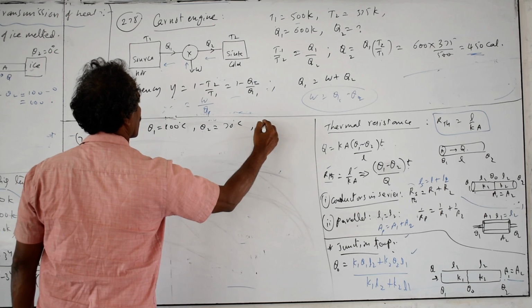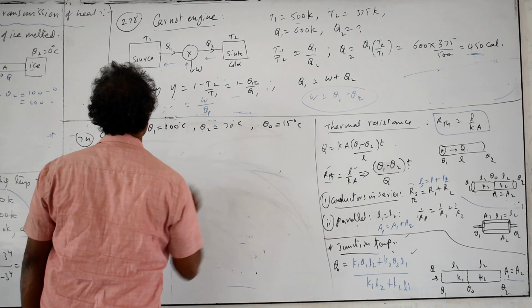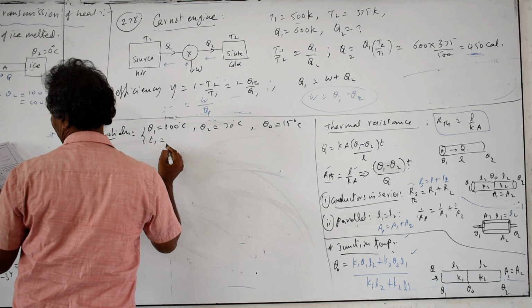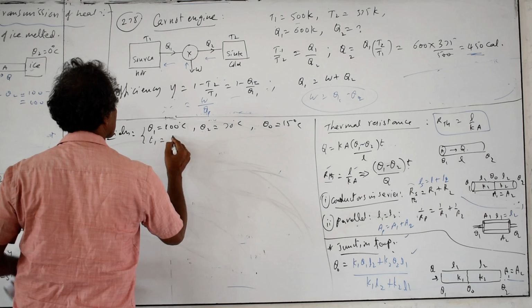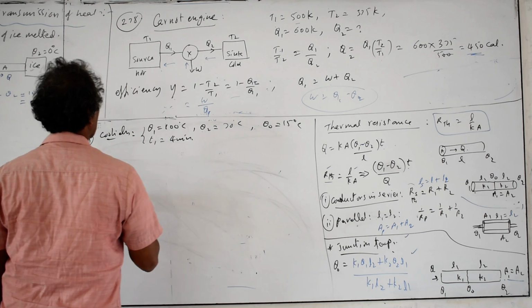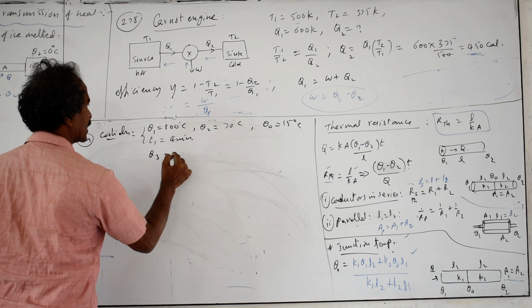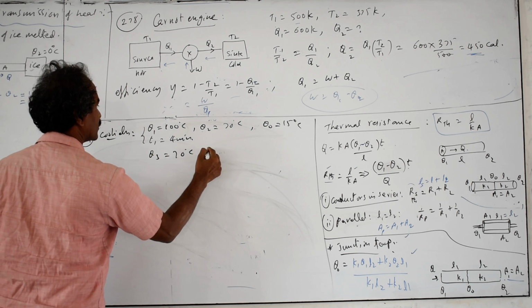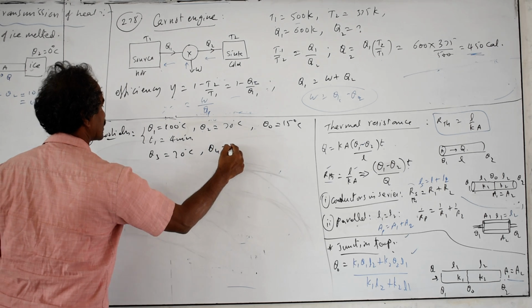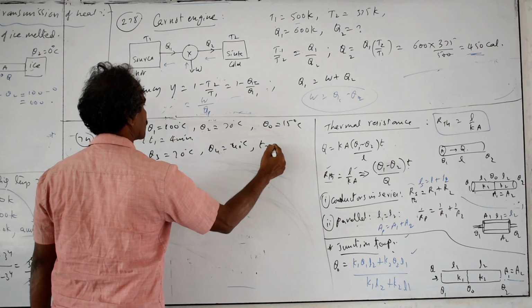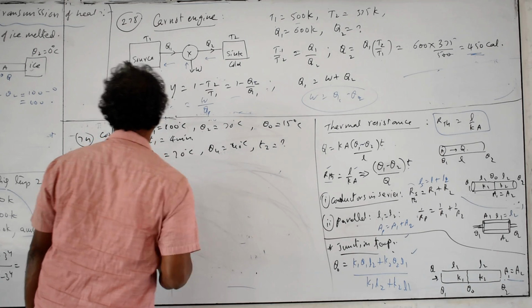Room temperature θ0 is 15 degrees centigrade. The time taken is T1 equals 4 minutes. Next case: θ3 is 70 degrees centigrade to θ4 is 40 degrees centigrade. The time taken T2 is how much, they want us to find out.